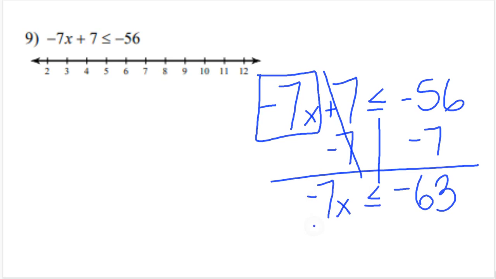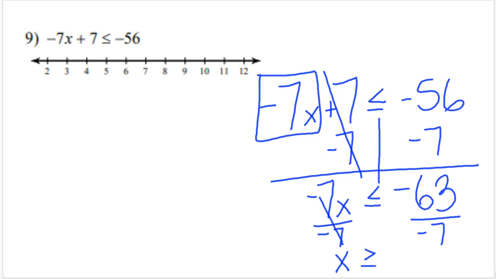Now I can go ahead and divide both sides by negative 7. Negative 7 divided by negative 7 gives me 1, so I bring down my x. Remember, we're dividing by a negative number, so I'm going to flip my sign to make it true.